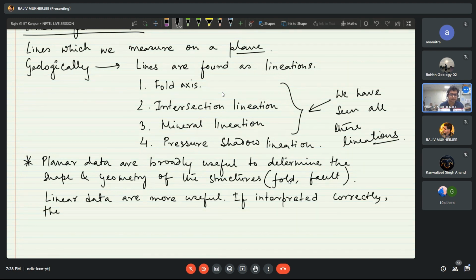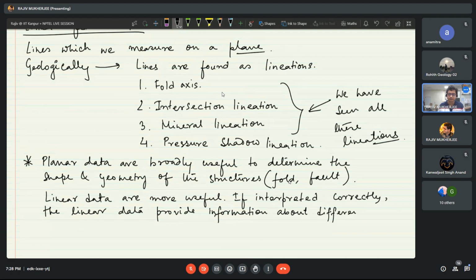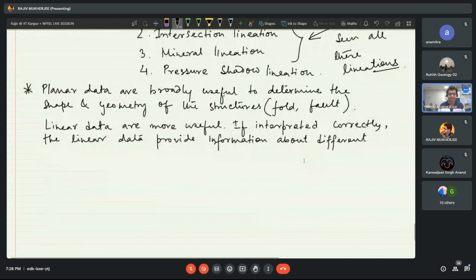The linear data provide information about different episodes of deformation, right?